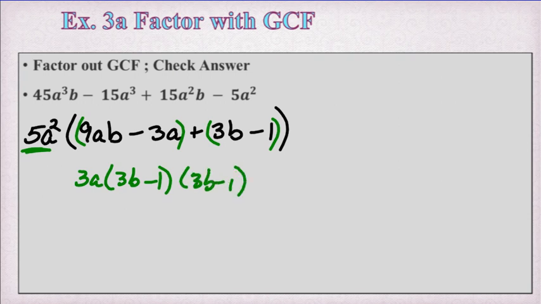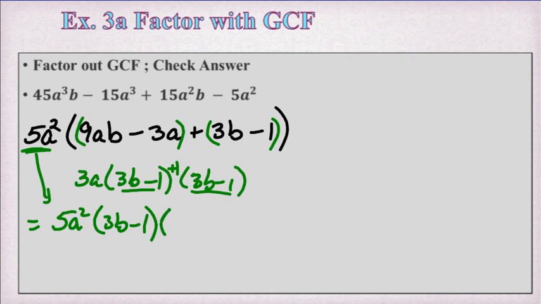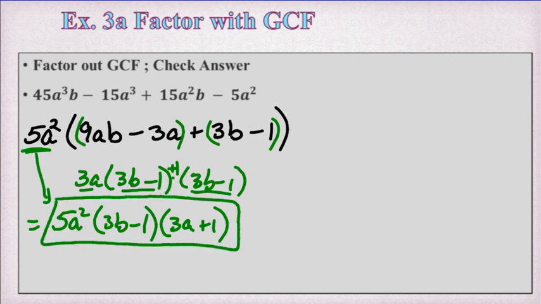I can't factor that any further, so I'm really factoring out a plus 1. In my answer, I start off with my greatest common factor, which is 5a squared, times my set of parentheses, which is 3b minus 1. And then everything on the outside is 3a plus 1. So this whole thing would be my answer.